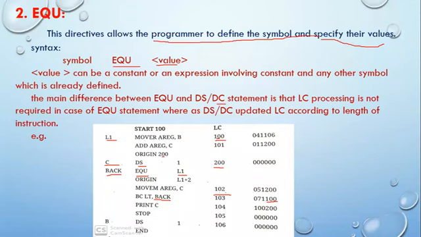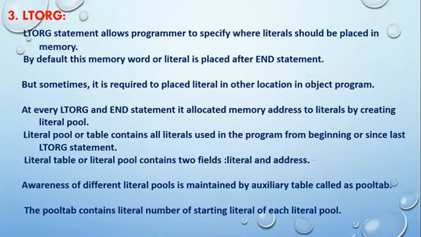Okay, now next thing we can consider the next directive, that is LTORG. LTORG in the sense literal processing, which is required in case of the assembly instruction. Now what happens when this LTORG directive is used in your assembly language?